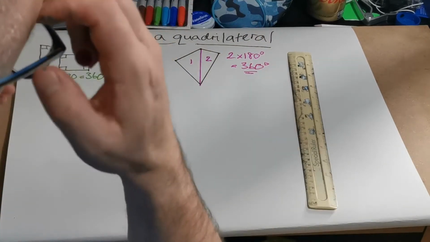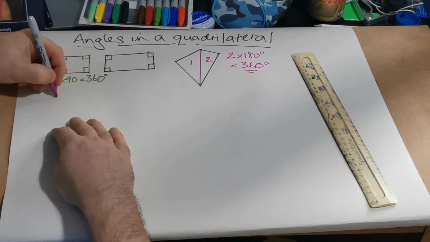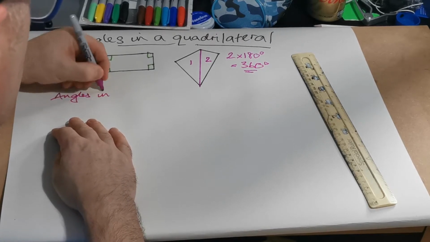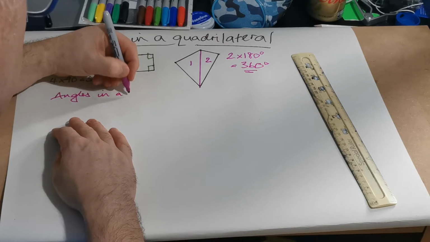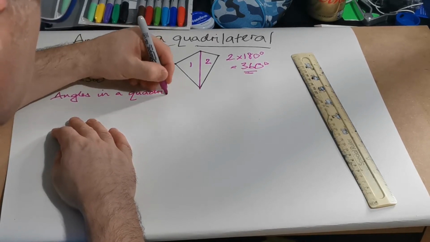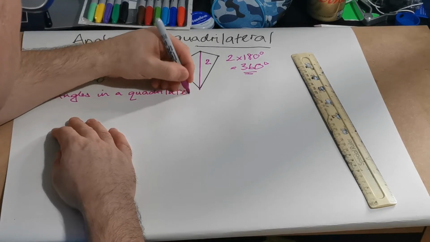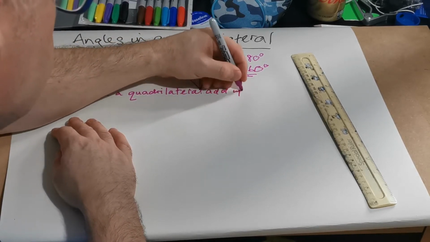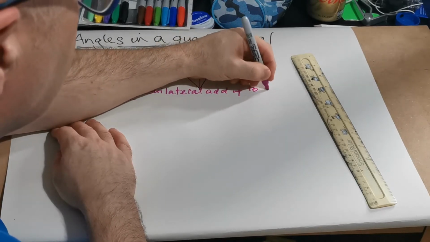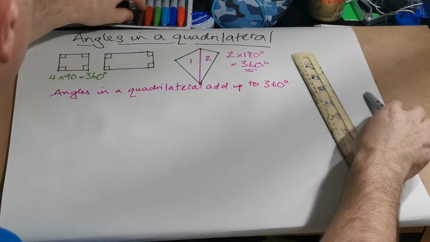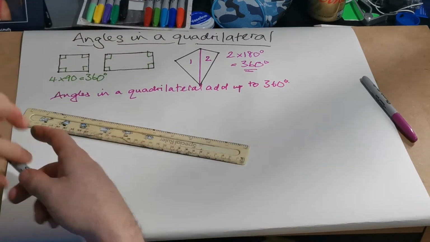So what we can deduce from all of this is that angles in a quadrilateral add up to 360 degrees.